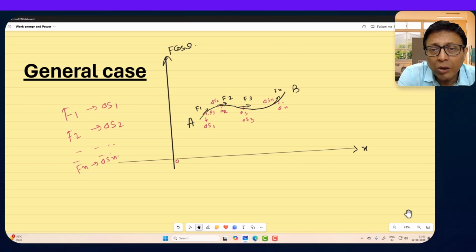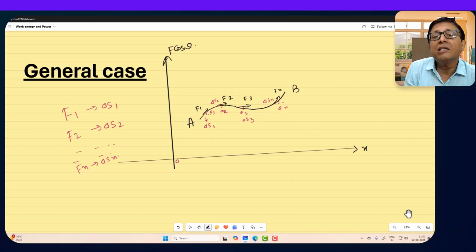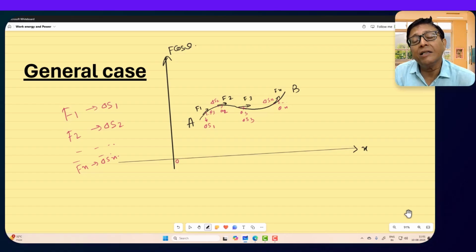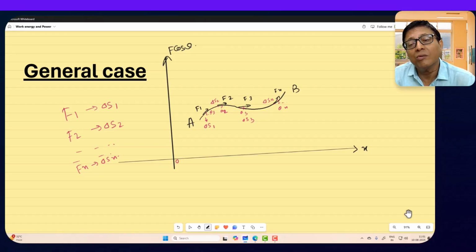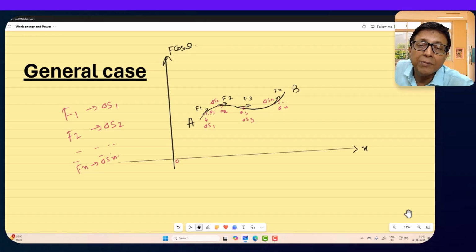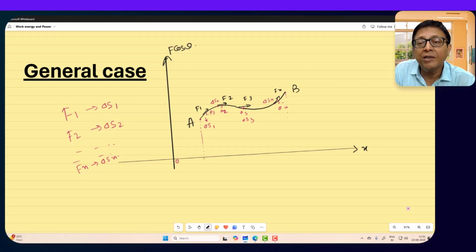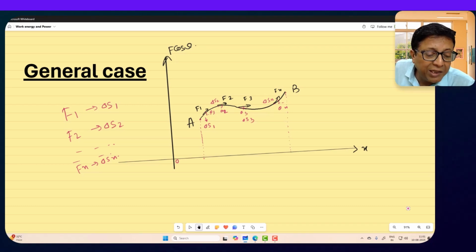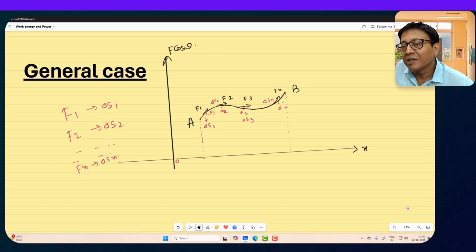Because this force is acting in two or three dimensions, I told you, displacement also accordingly. But finally, I want to calculate the work done to displace the body from A to B. The expression I am going to derive in terms of displacement along x-axis, and then will generalize like in 3D.